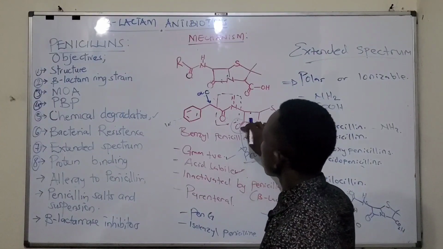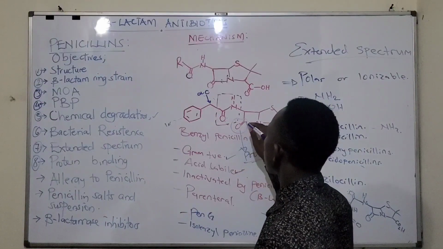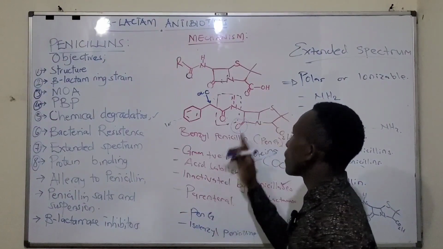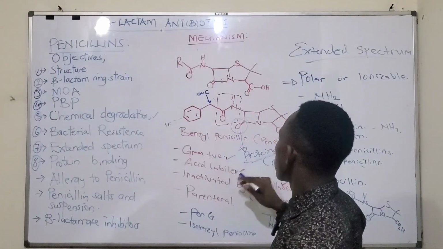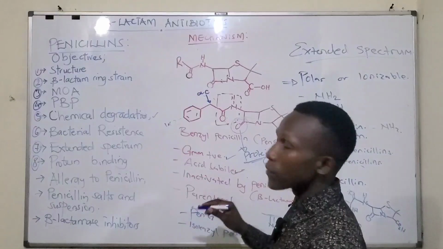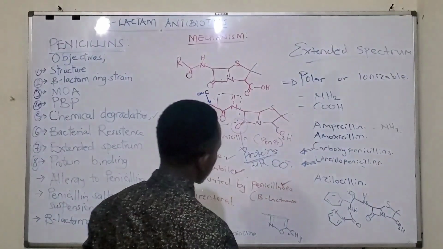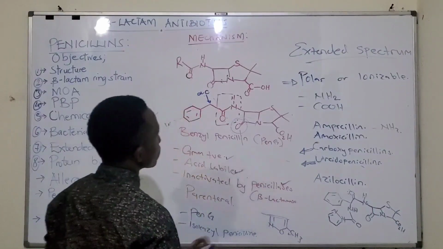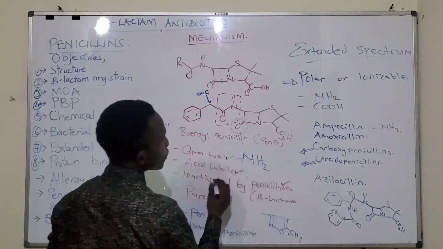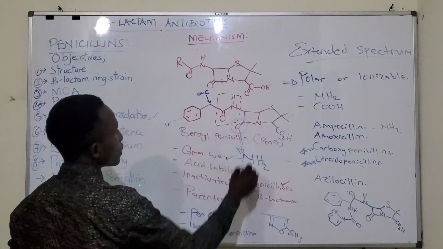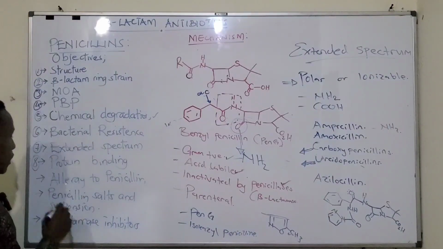So this ring, the amide group of the beta-lactam ring, will react with the amino groups of the proteins. So the proteins reacting with this part, it's the one responsible for the allergy.